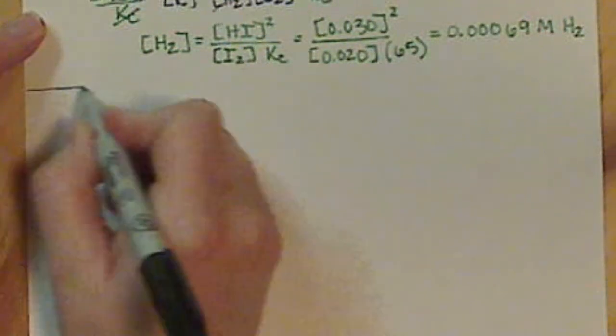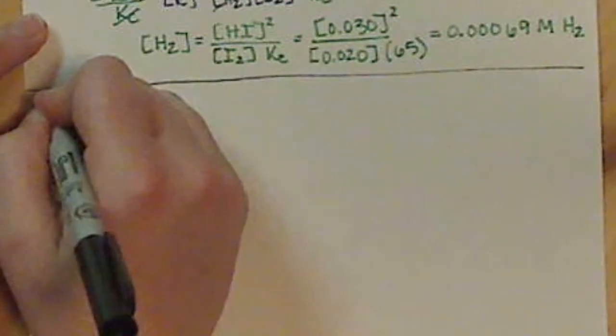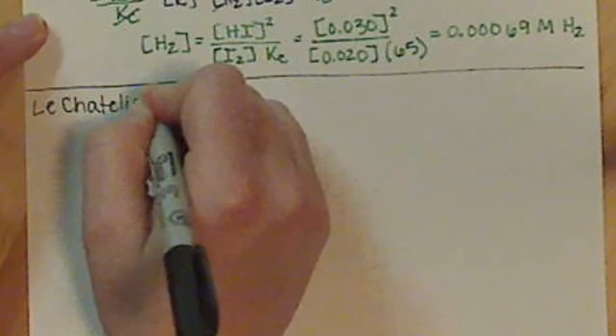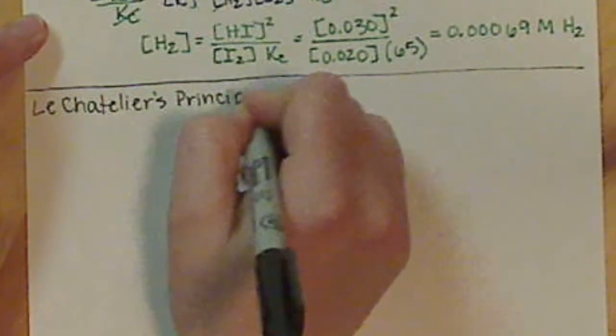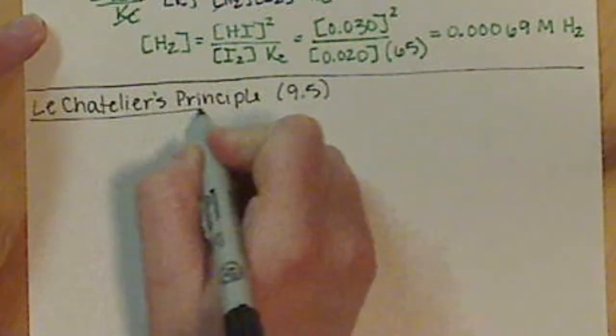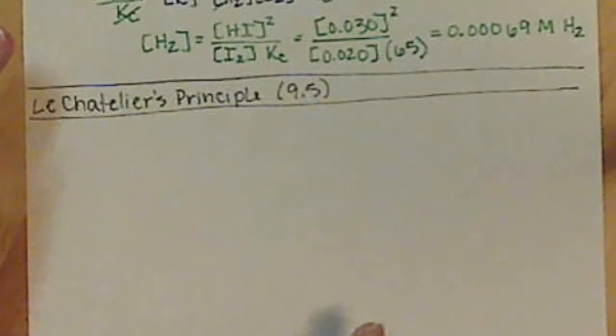So this is our last topic for Chapter 9, talking about Le Chatelier's principle. Le Chatelier's principle takes a system that is at equilibrium. Okay, so it's already determined where it's going to favor products or reactants.